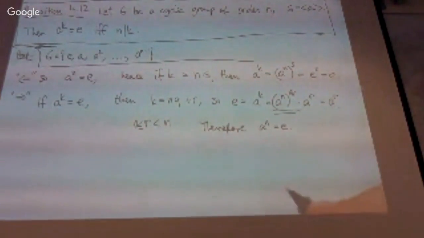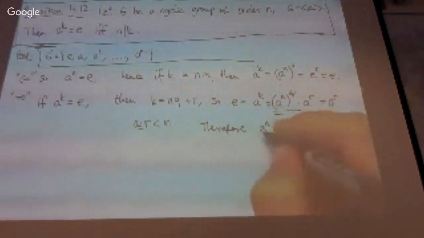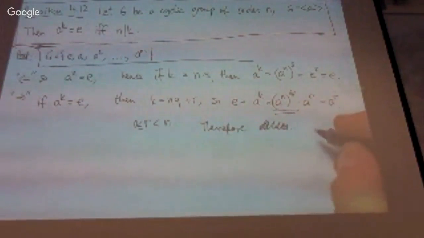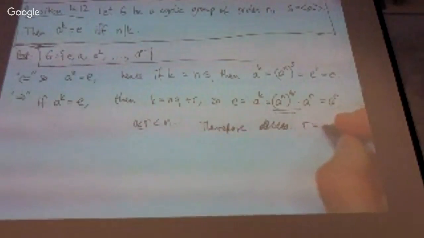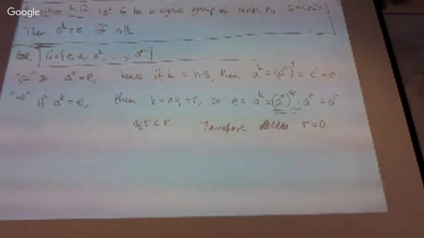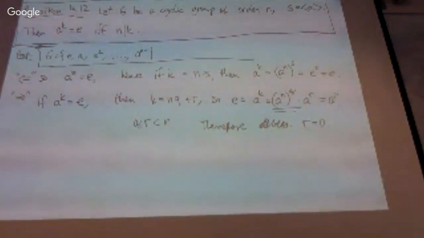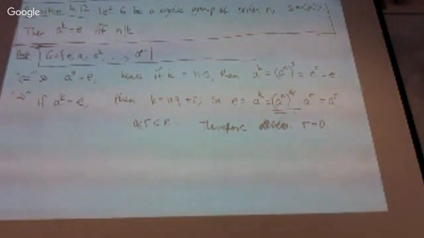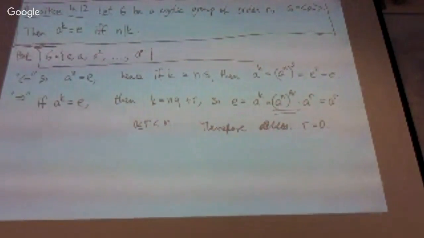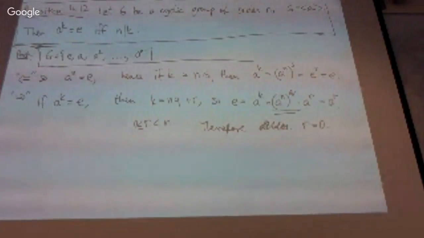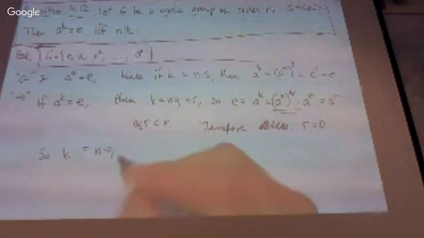So r equals 0, which proves that k is a multiple of n. So k equals n times q.